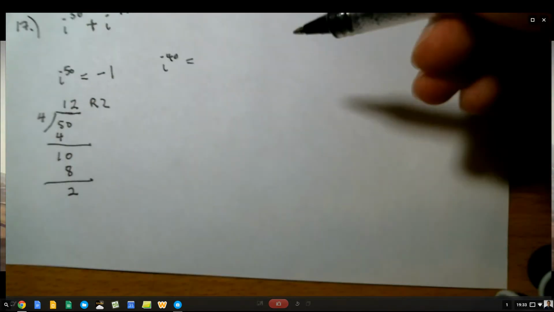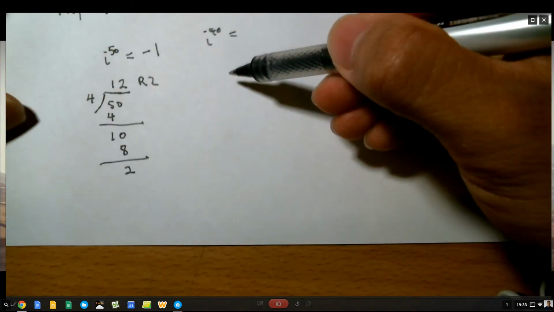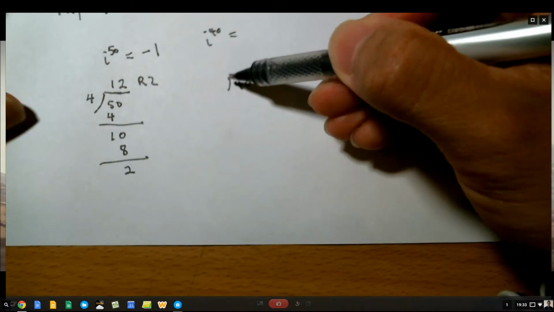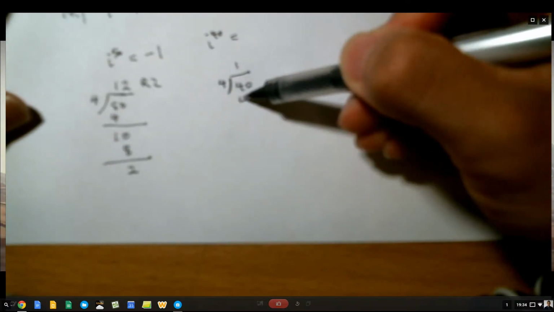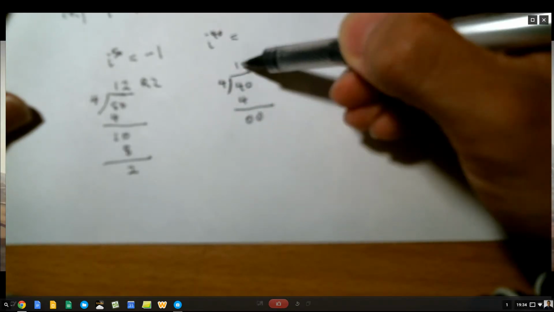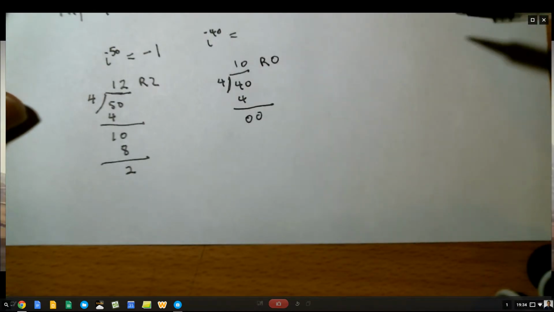So now we got that part. We have to figure out what i to the 40th power is. Once again, you divide 40 by 4, and you end up with 10. Remainder 0. There's no remainder.